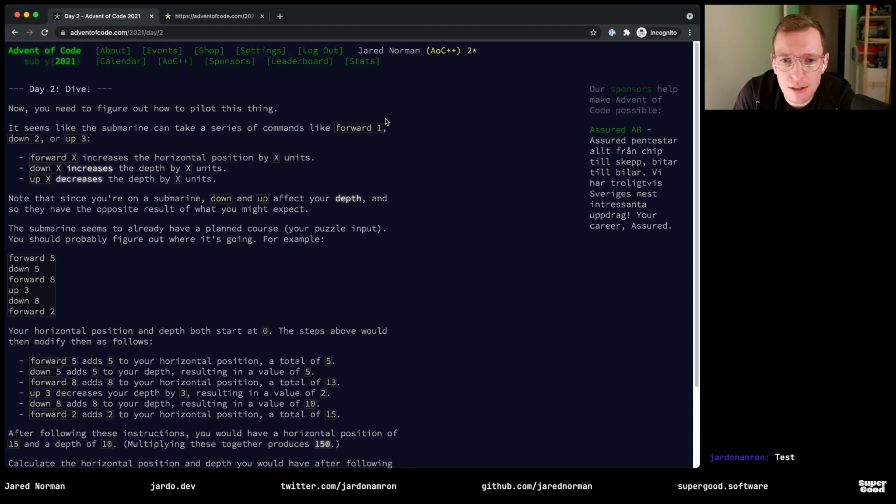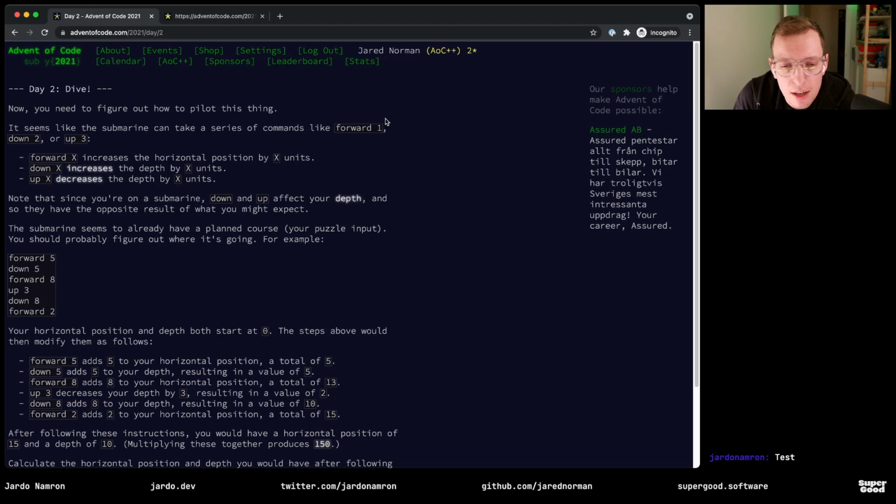Down X increases the depth by X units. Up X decreases the depth by X units. Note that since you're on a submarine, down and up affect your depth, and so they have the opposite result of what you might expect. Right. Down increases your depth, so it makes you go down.